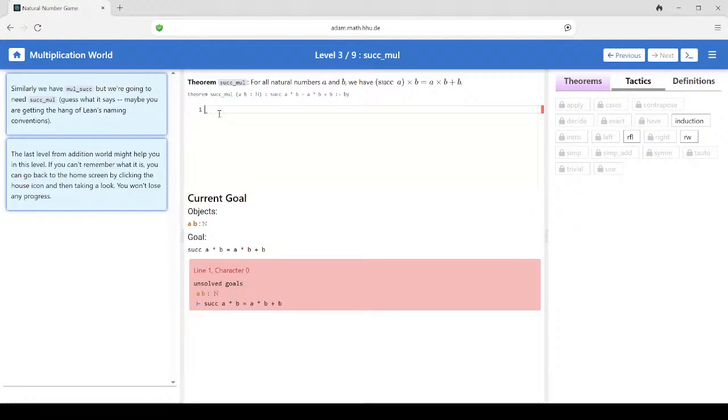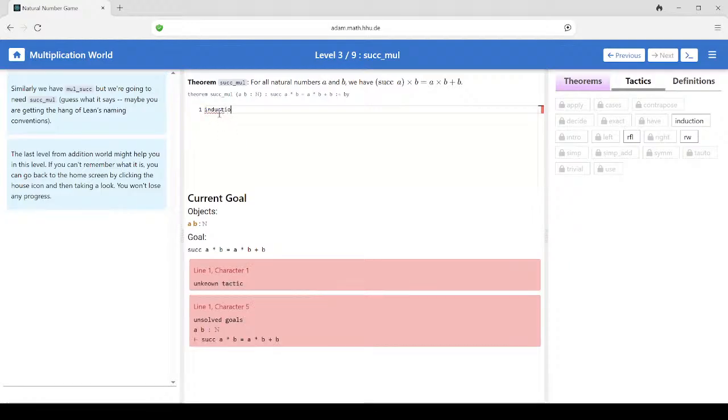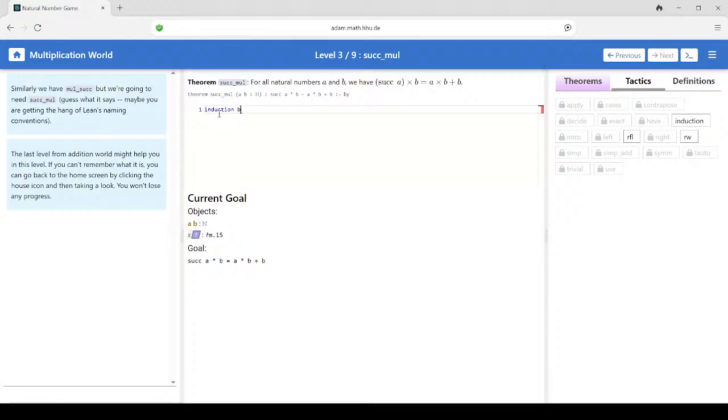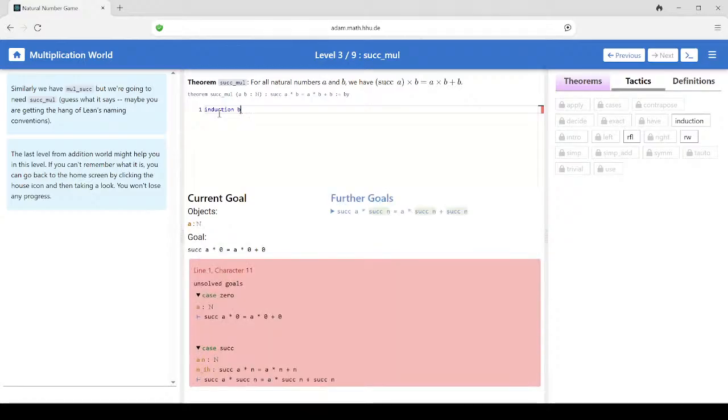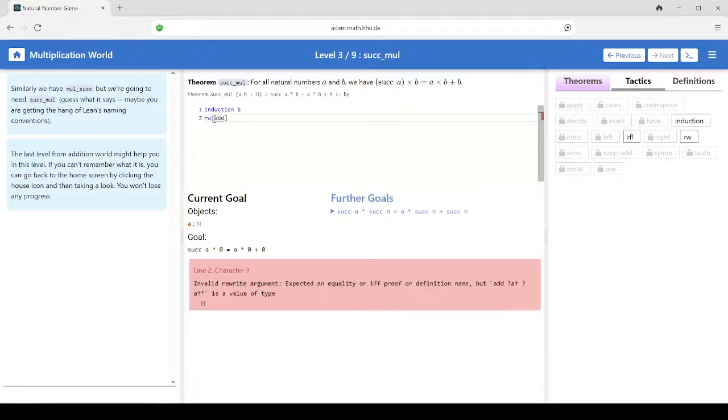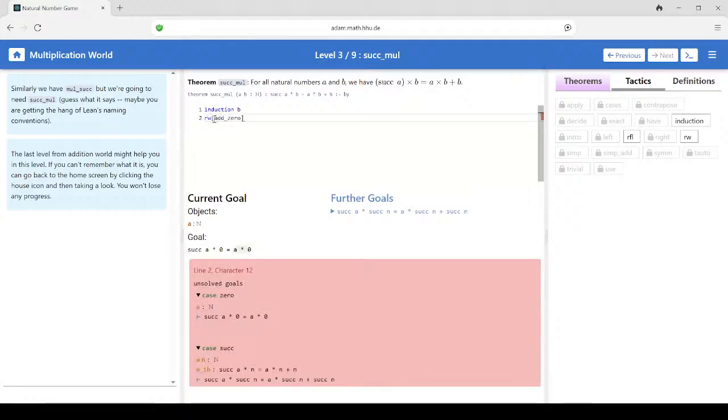Well, let's try one of them. Let's induction B. And so now we've turned it into a times 0 equals a times 0 plus 0. Oh, well, we can get rid of this other 0 by just doing rewrite add 0. We could also do 0 add, and that would do the same thing.